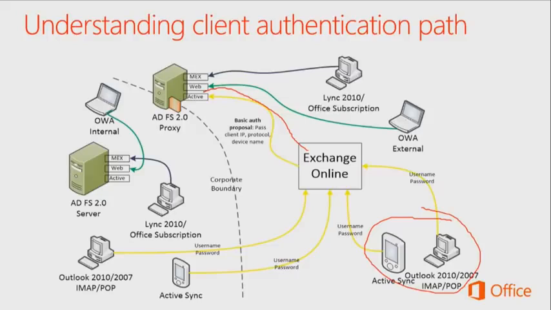ADFS proxy is then going to talk back with Exchange Online and authenticate them, okay? And then even on-premise is going to talk to Exchange Online through the ADFS proxy server. So they're all going to talk through the ADFS server and then get authenticated for Exchange Online. Once Exchange Online sees that they've been authenticated, then it gives them access to the services that they have licenses for.